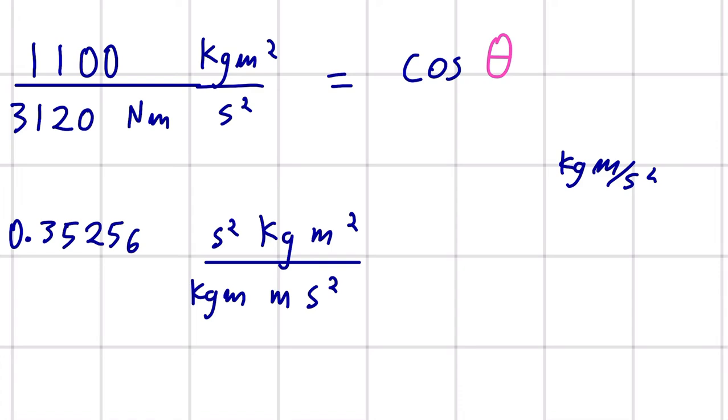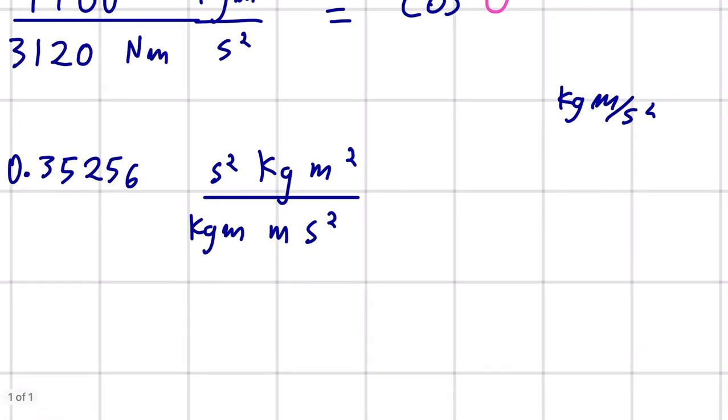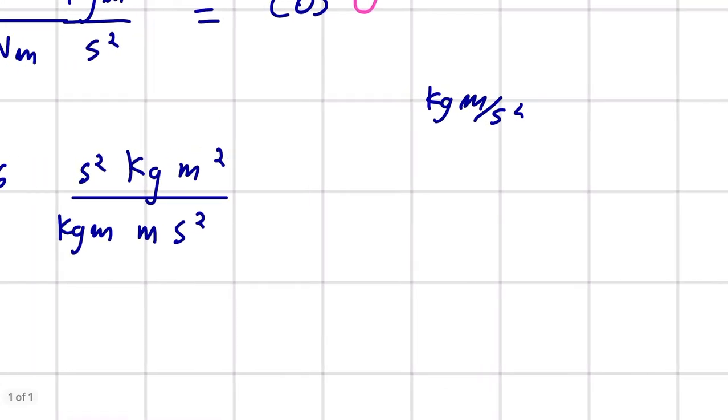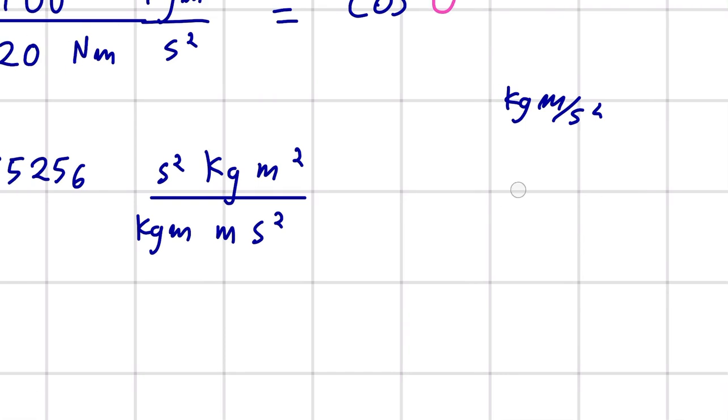So writing kilogram meters per second squared on the bottom here would be the same as bringing this per second squared to the top.